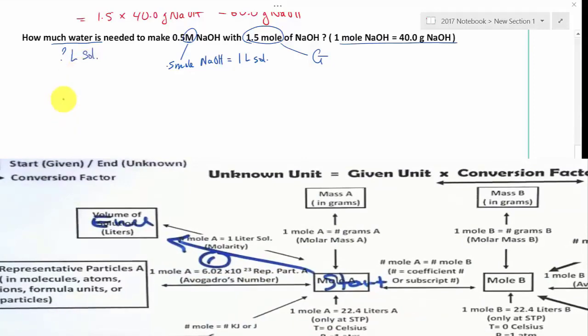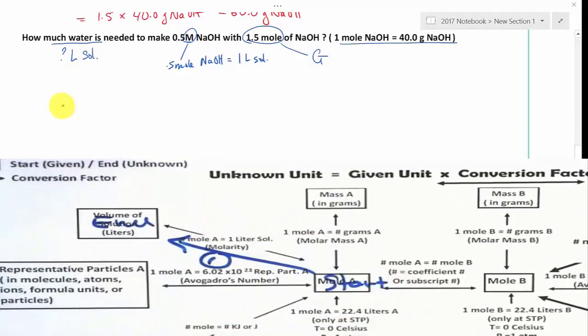Of course, the same setup as before. What is the unknown? We are looking for question mark liters of solution. Well, the solution is made of the volume of water, because the substance is too small to make any volume change.